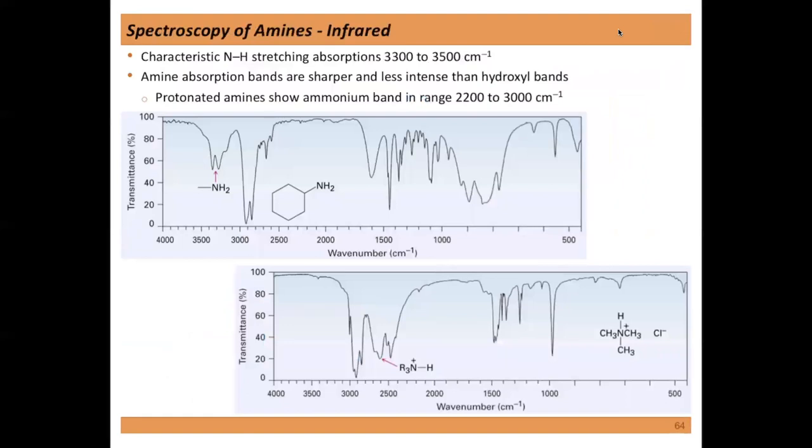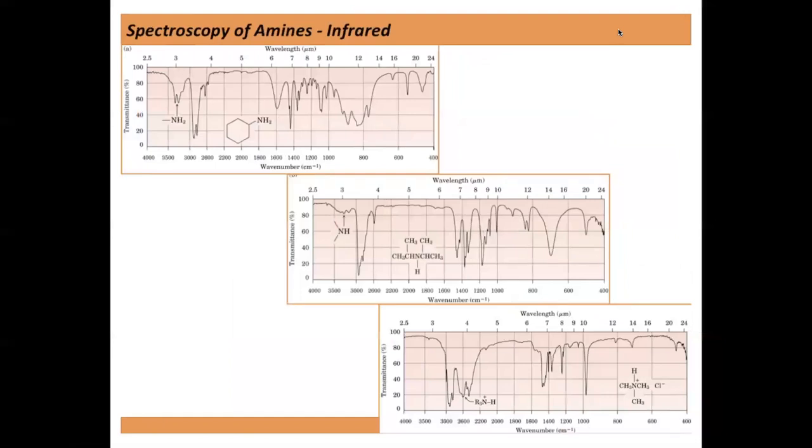Don't forget that you should know about the spectroscopy of amines. Primary amines tend to give you two peaks up here, where secondary amines tend to give you a single peak.